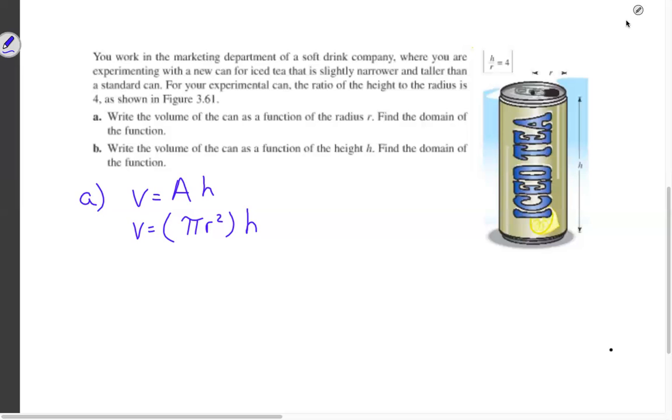Hansi, you were giving me this piece of information up here, where it says h divided by r equals 4. Can you solve that for h? What does h equal? H divided by r equals 4, so h equals 4r. Now I'm going to come back to my volume formula and plug that in.